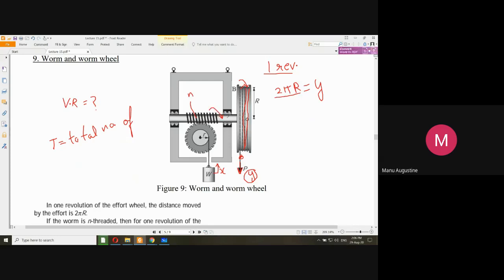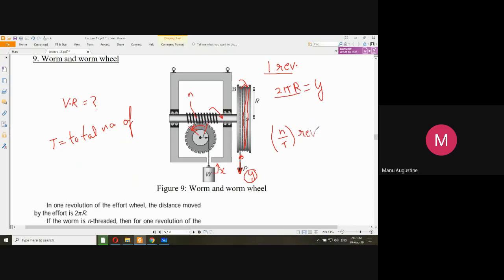But in one revolution of the worm, only n number of teeth of the gear are moving. But what is the implication of n teeth moving on the gear in terms of revolution? When n teeth move on the gear, that means the gear has moved by n by t revolutions, which was just made clear to you right now.